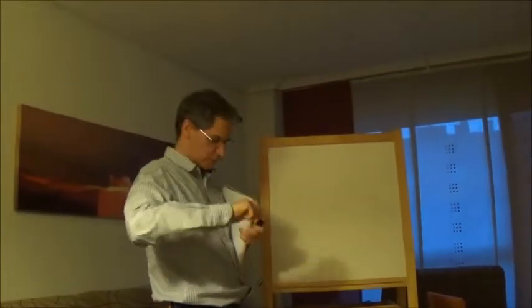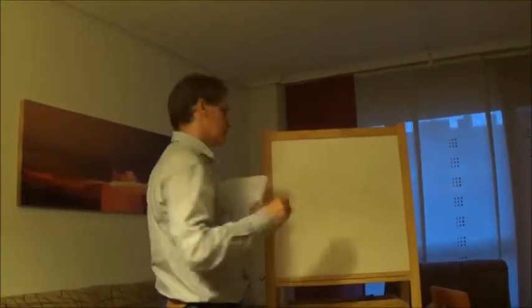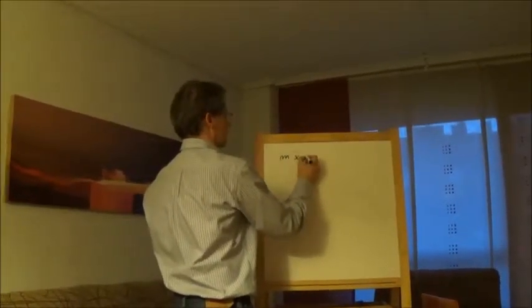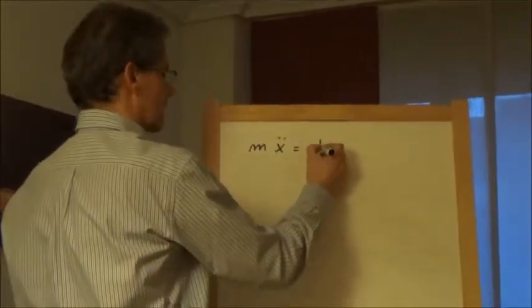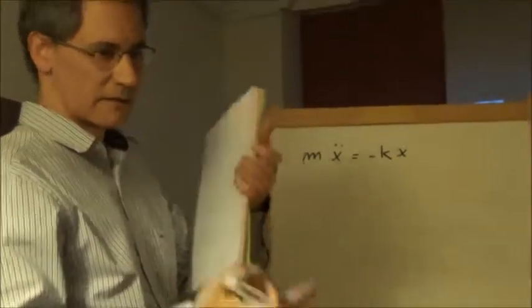For doing that we have to solve this equation that we have seen many times in the course, which is m times the second derivative of x is minus k times x, x being the length.